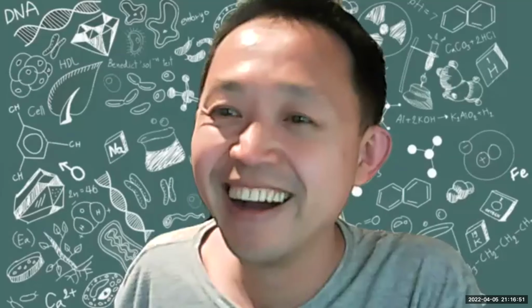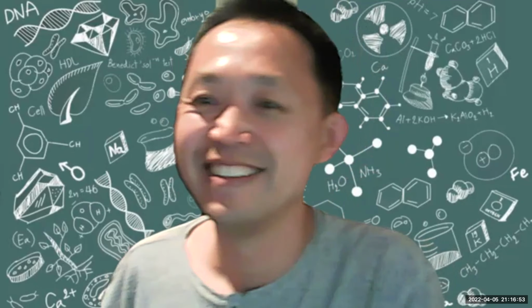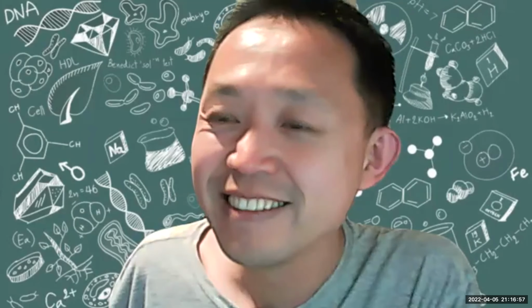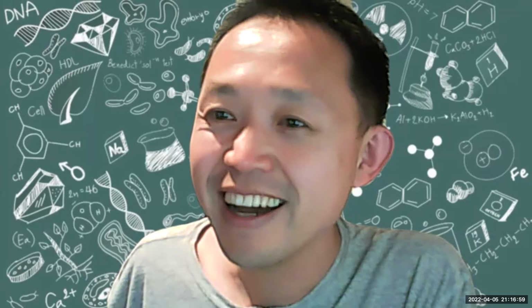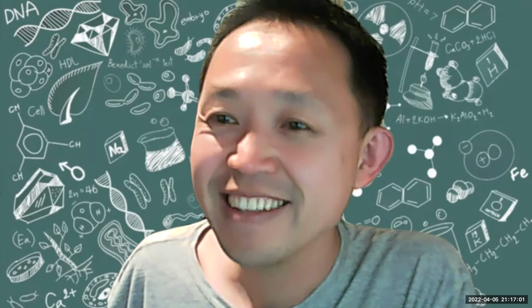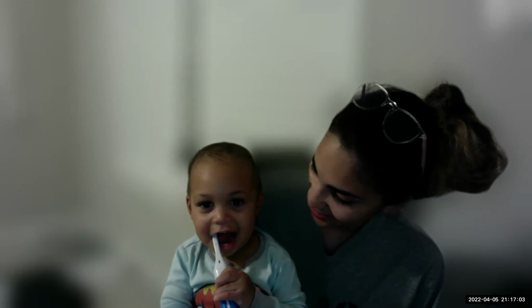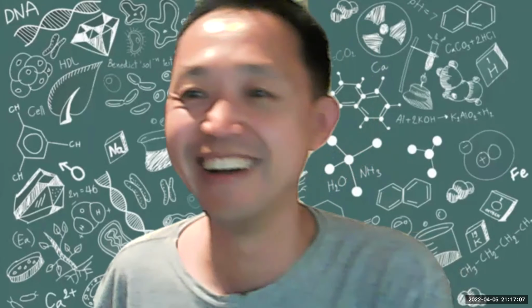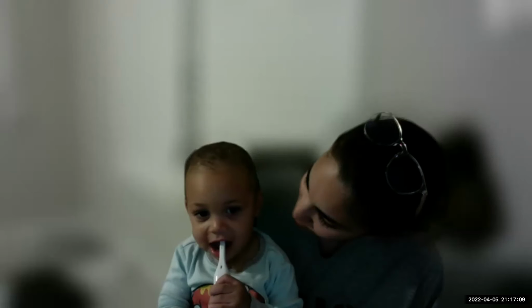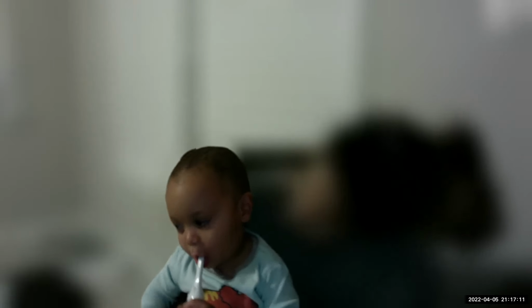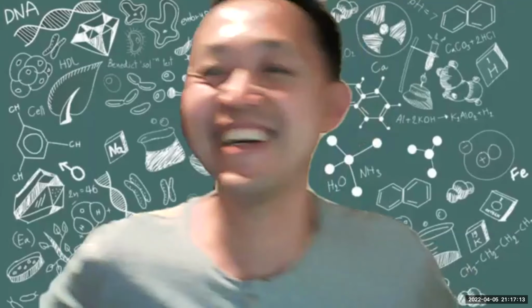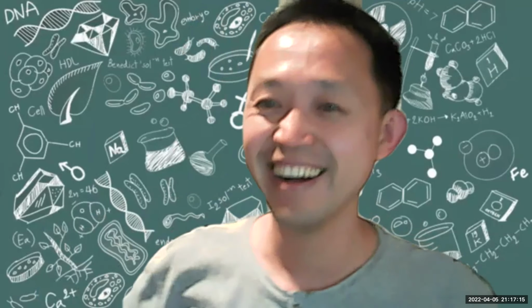Having a time of his life. What's his name again? Isaac. He's my youngest. Hey, Isaac. Are you sleepy? He's got to be. Are you ready for bed? Oh, no. Okay, all right.